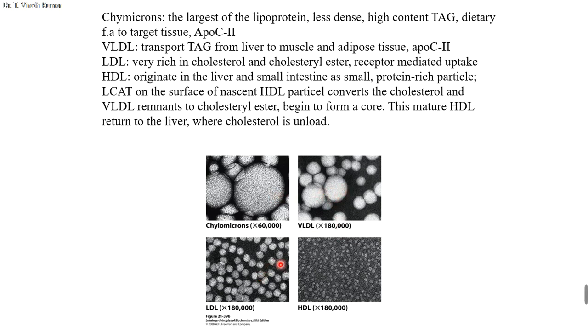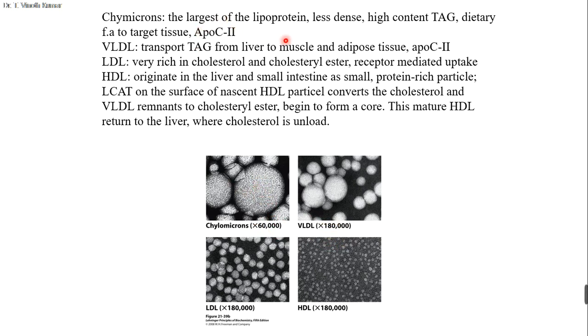At the same 180,000 magnification, you can see LDL is this much size, and HDL is very small. The chylomicron is a very big structure, so we can see chylomicrons at 60,000 magnification.